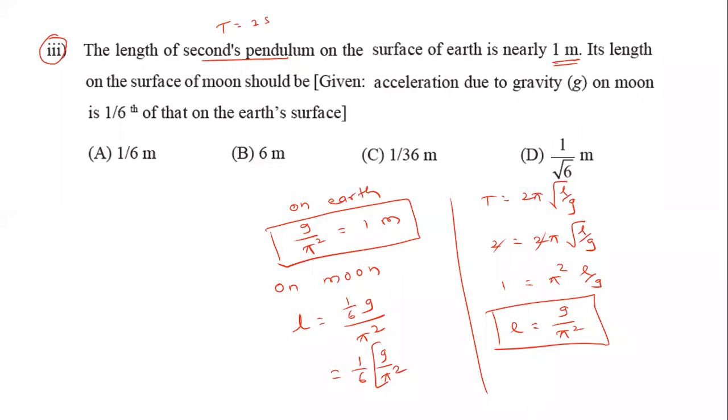And this g by pi square is given, it is 1. So 1/6 multiplied by 1 is 1/6. So 1/6 meter is the answer for length on moon. Therefore, option A is the right option for this question.